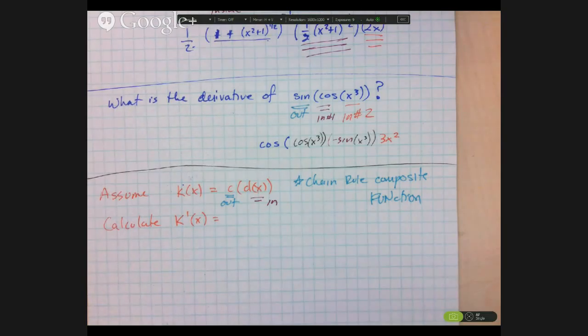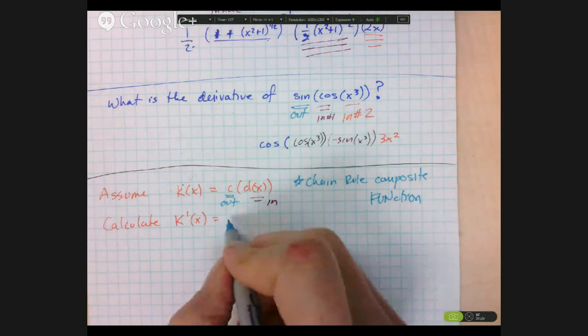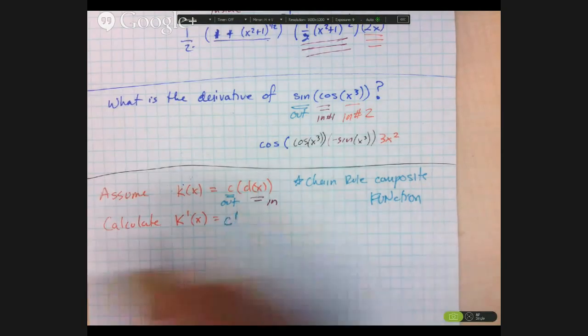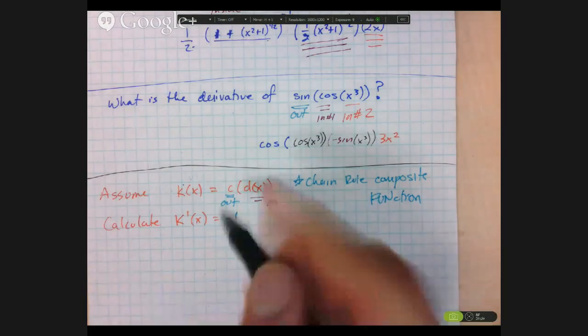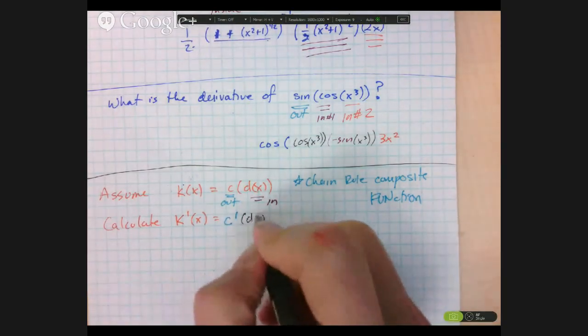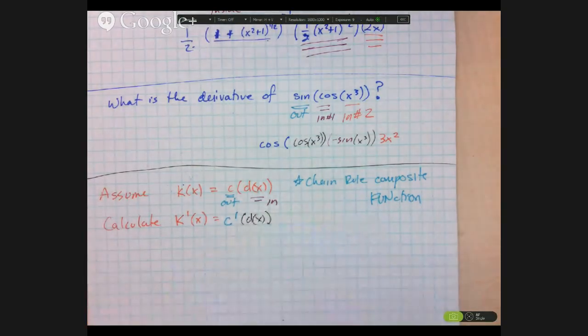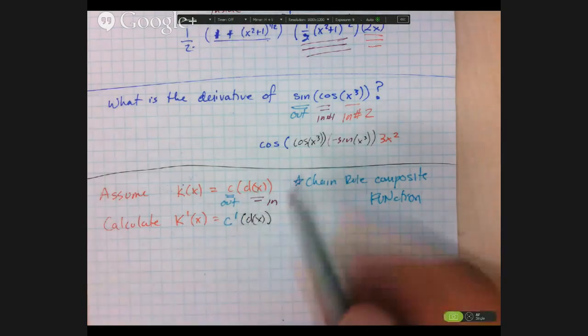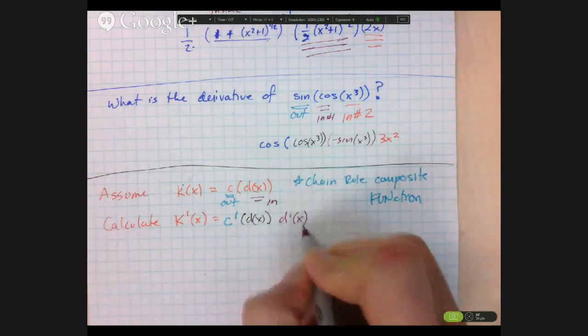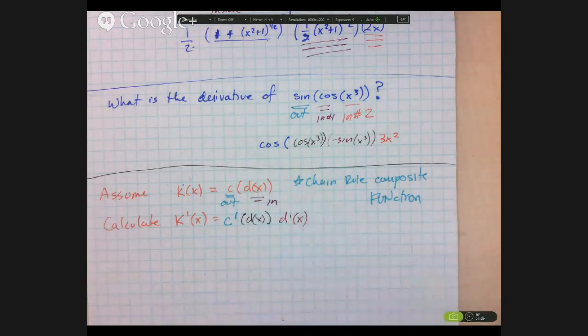So what is the derivative of K of x? Okay. Derivative of the outside, copy the inside, and then the derivative of the inside. It's just a little bit more abstract.